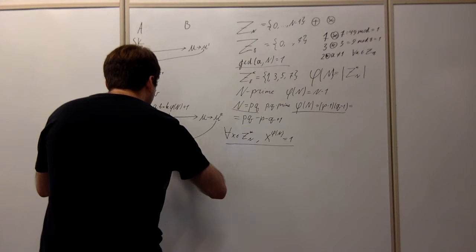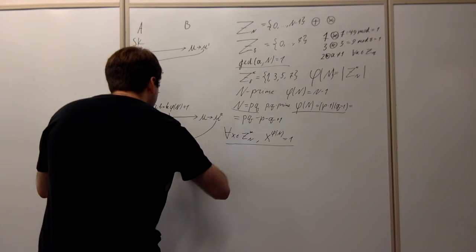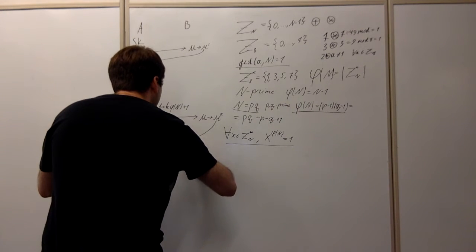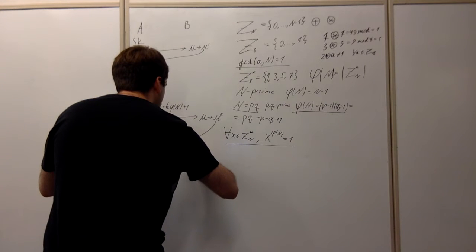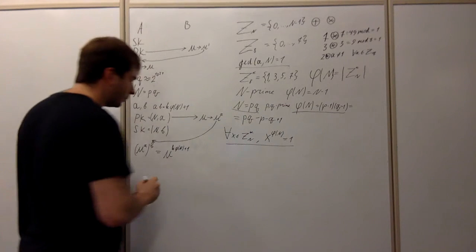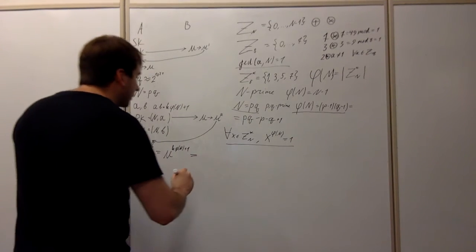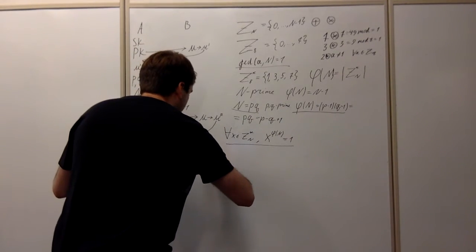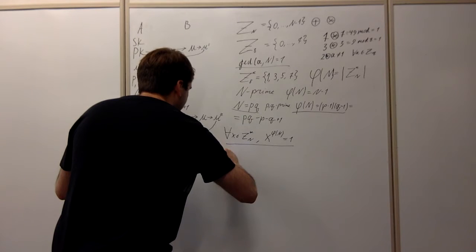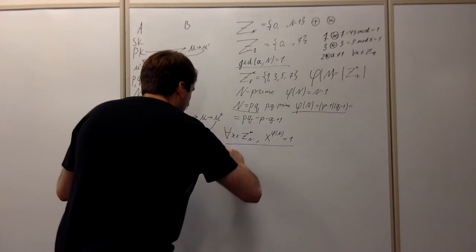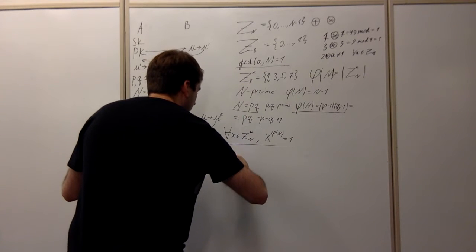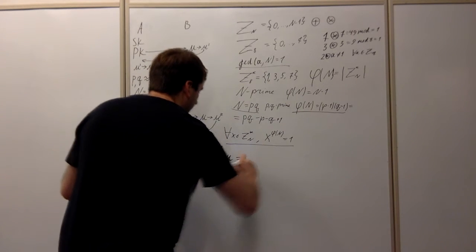So we get m to the power k phi of n plus 1, and that's equal to m to the power phi of n, to the power k, multiplied by m.